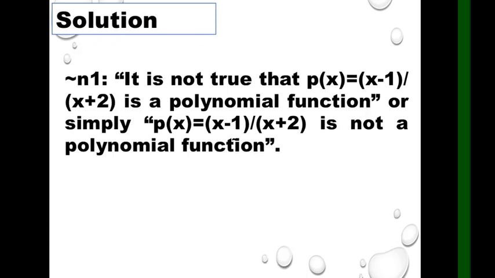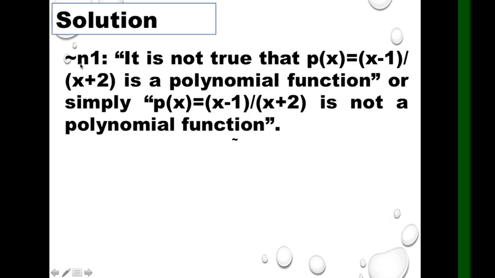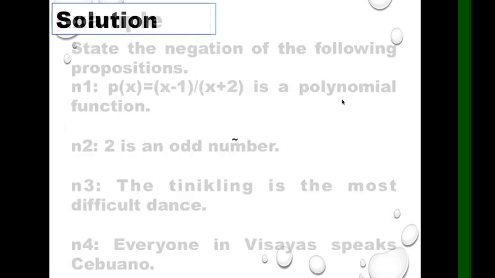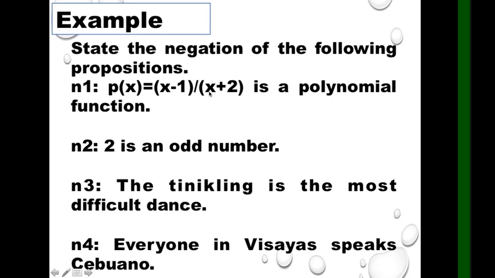So for the negation of N1, it is not true that P of x equals x minus 1 over x plus 2 is a polynomial function, or simply P of x equals the quantity x minus 1 over x plus 2 is not a polynomial function. So you just put not on the statement, right? This is the statement, and we just put not here.